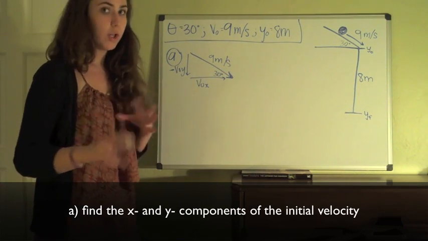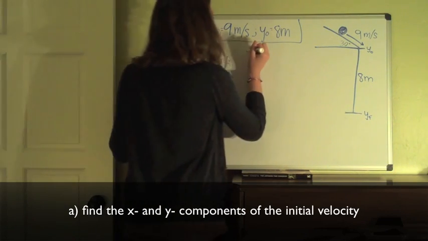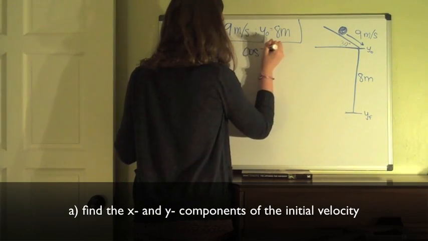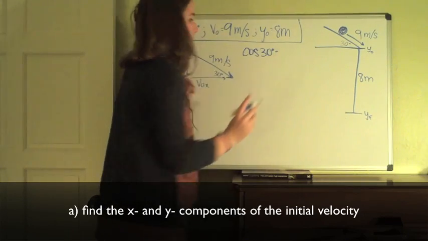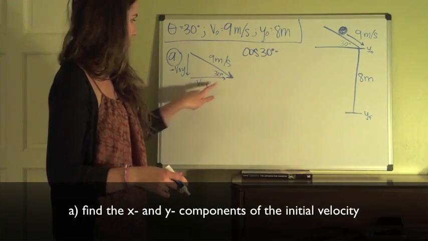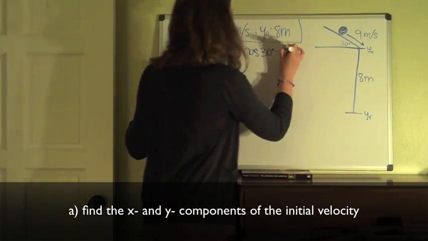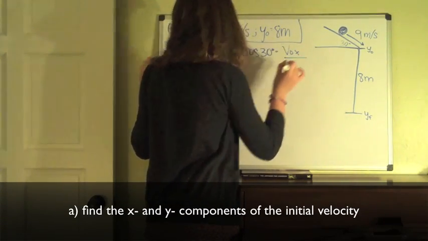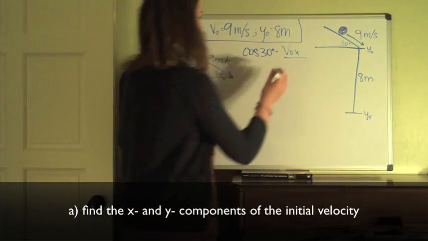To find v0x, we're going to use cosine of 30 degrees. Cosine is adjacent over hypotenuse. The adjacent value to this angle is v0x, and the hypotenuse is 9 meters per second.